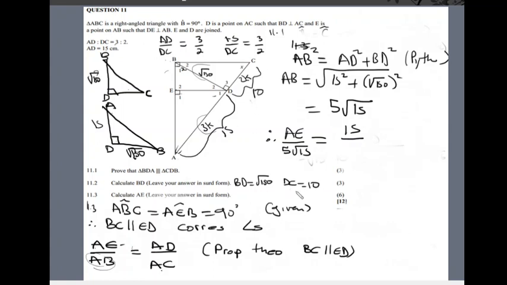Remember, from here I found this is 10, so this entire length is 25 centimeters, 15 over 25, right? Then you can say AE is equal to 15 over 25 times 5 root 15, and then AE is equal to 3 root 15 centimeters, and then we are done.